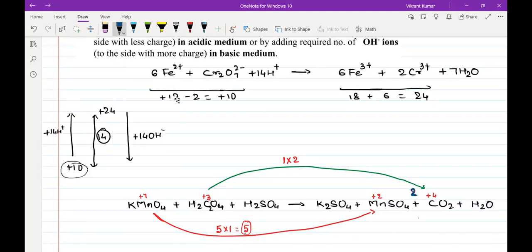Now ये जो 5 आया ना इसको इस एंड पे मल्टीप्लाई करो और यहाँ जो 2 आया है उसको इस एंड पे मल्टीप्लाई. Okay. Now you see functional atom is already balanced. Mn balance, carbon balance, you balance the K. K balance करने के लिए we need to put just one K2SO4 and then after that S balance करने के लिए we need to put 3 this one, and then in order to balance the hydrogen there are 16 hydrogen, so we are putting here 8 and then we are claiming that everything is balanced.